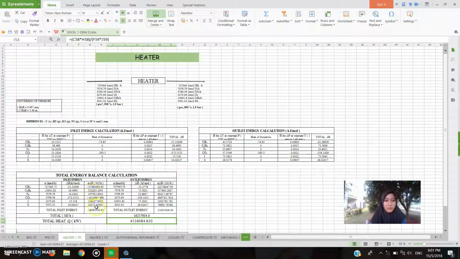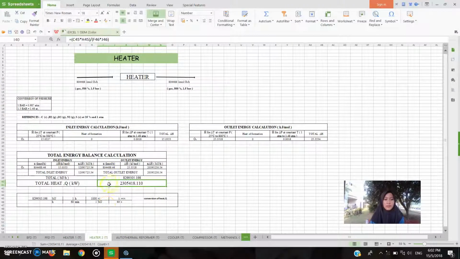Then we got the total inlet energy and the total outlet energy. When the total outlet energy is minus inlet energy, we got the total heat in kilowatt, which is around 4 million kilowatt.